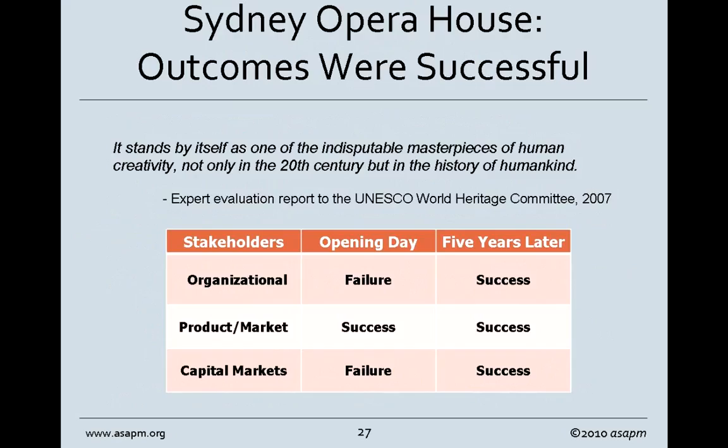So it basically proved itself over time and was perceived to have value, but not on opening day. From a capital market perspective, it certainly was a failure, but looking downstream, we actually saw value in this.